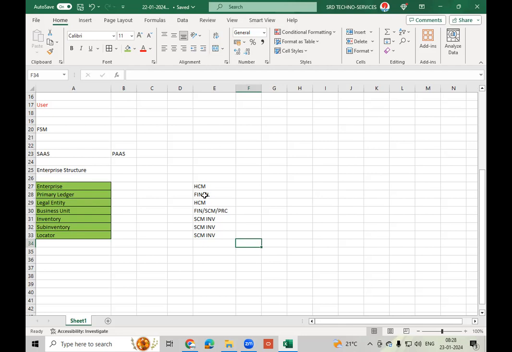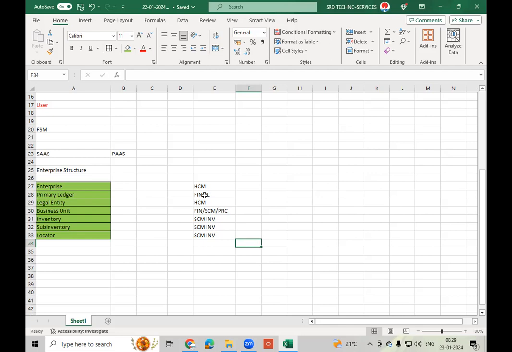Prior to configuring inventory, primary ledger, legal entity, and business unit must be defined. Then only as an inventory consultant can I start defining inventory, sub-inventory, locator setup. So for inventory configuration, the above three are dependencies.